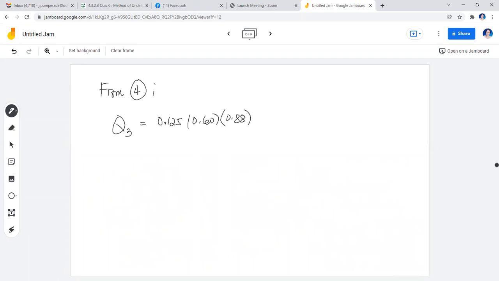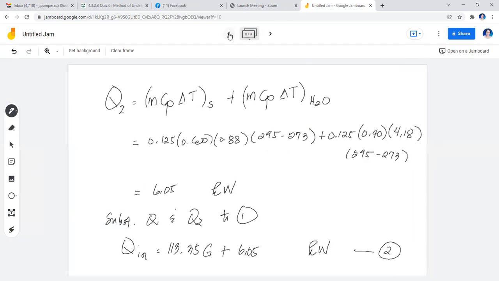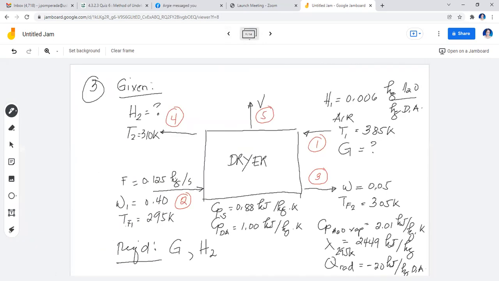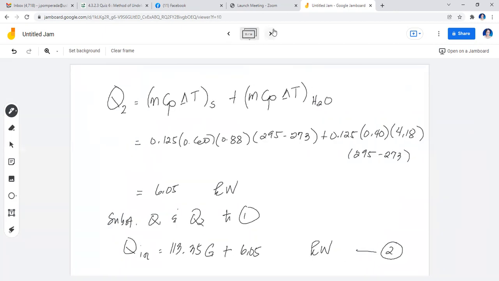Now, since my temperature here for both will be the same, I'll just, anyway, sige na lang, it's based on psychrometry. So we started with a 295 feed, and it leaves the dryer at this temperature, 305.